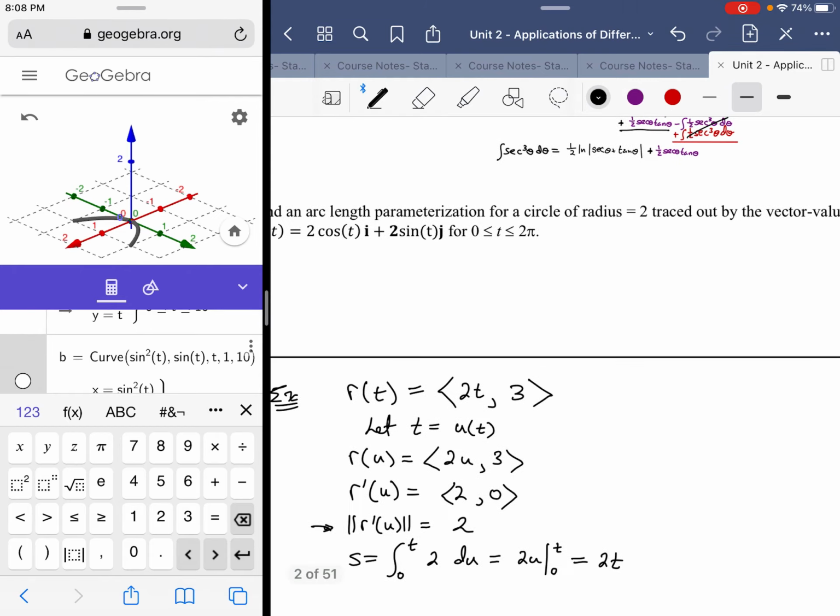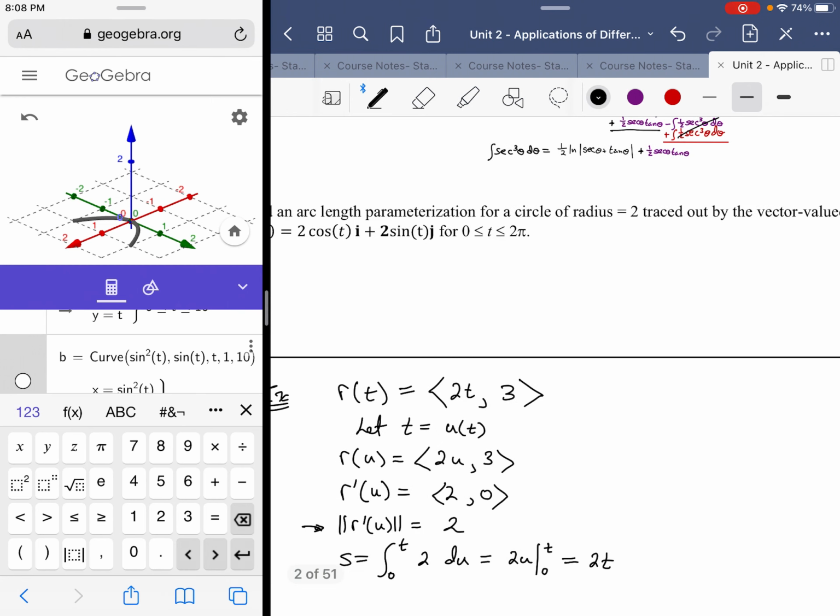All right, so then now what we have is a relation telling us that s of t is the same as 2t.